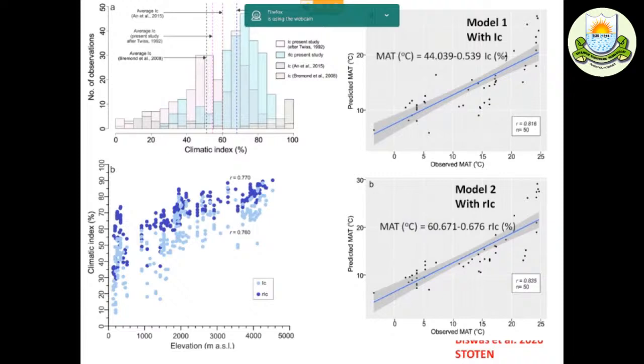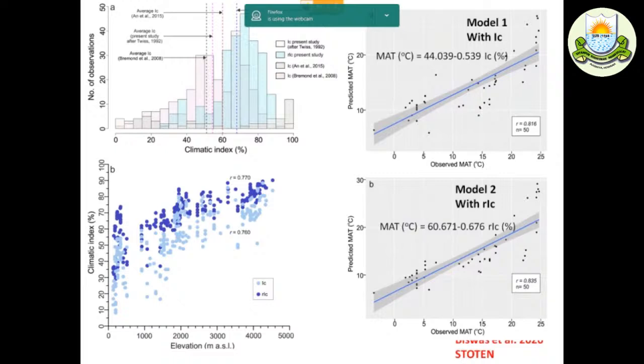So we propose a linear model. We built 2 linear models using the conventional IC and the revised IC for the Himalaya, and we found that the revised RIC performs better. We selected model 2 for the Himalaya after considering the validation statistics.